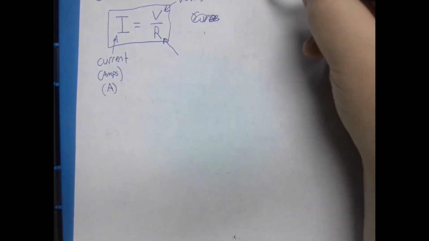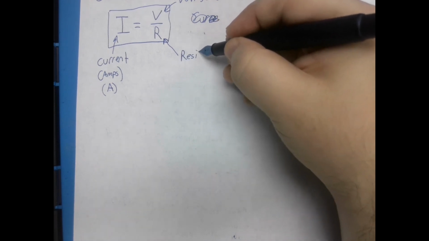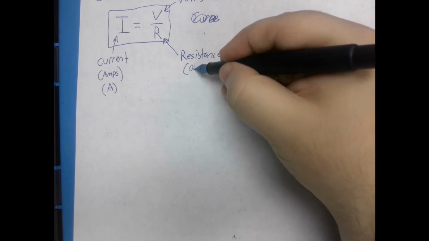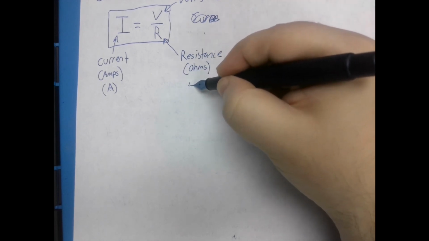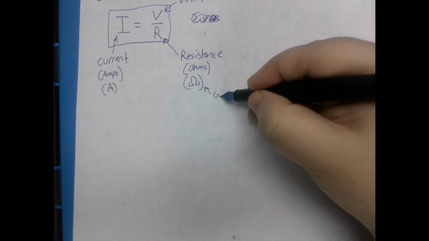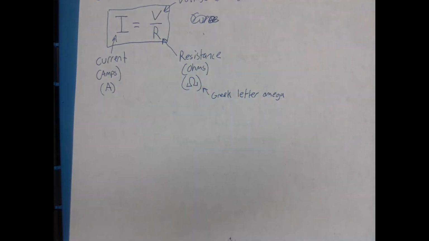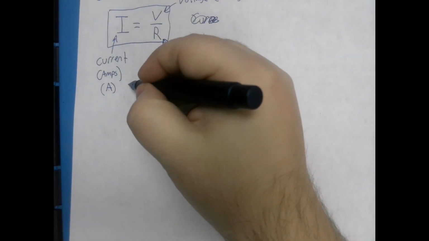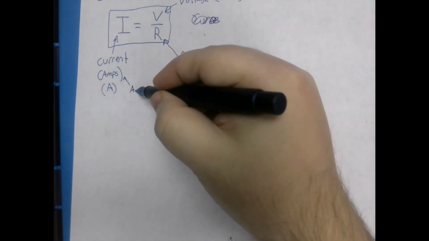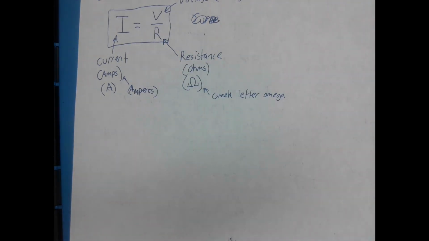You can also have the letter V. So the letter V is going to be the name of the variable and the name of the unit. And we have resistance. It's going to be measured in ohms, which uses the Greek letter omega. By the way, amps is also short. It's an abbreviation for amperes. Amperes is the full word. We usually just call it amps for short.